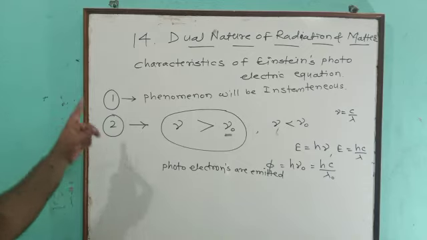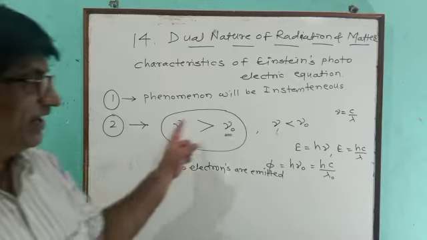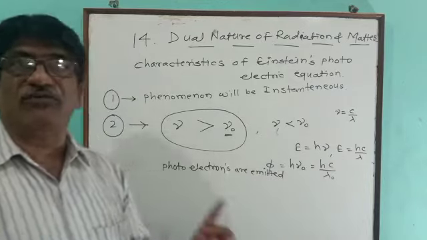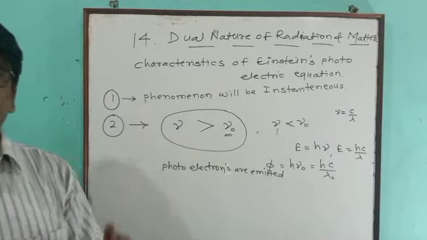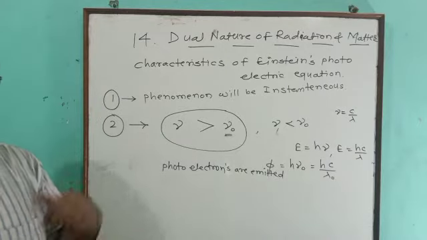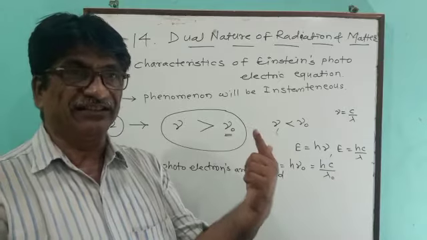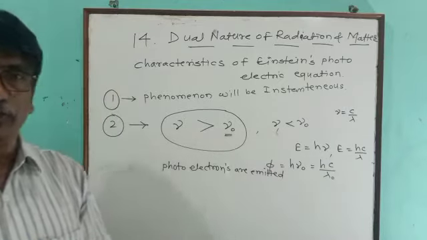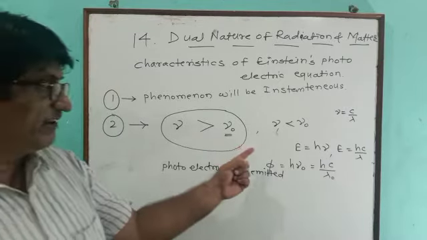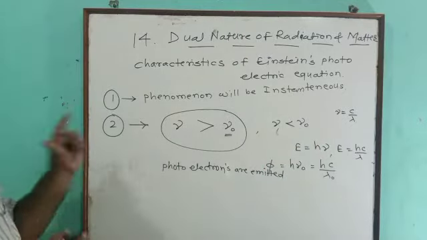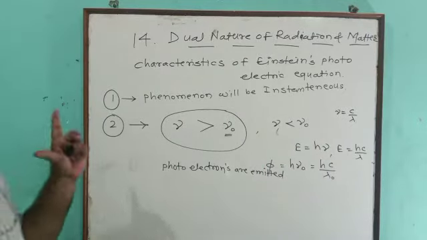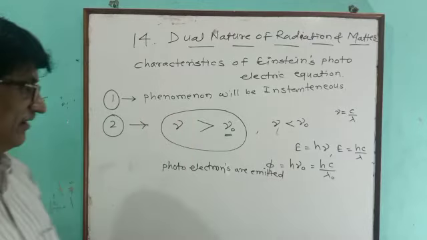So in this second characteristic, we can write the definition of work function, or the relation between threshold and incident frequency, when incident frequency is greater than and less than threshold frequency. This second characteristic or observation can be written.